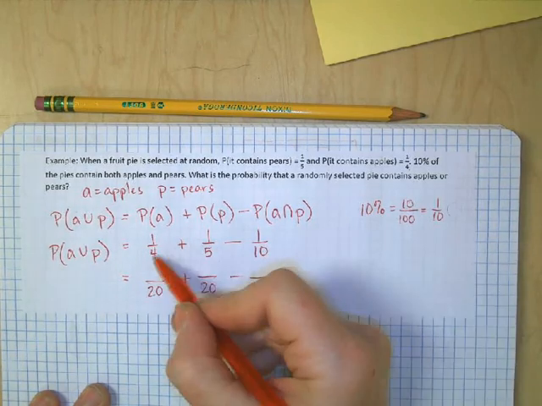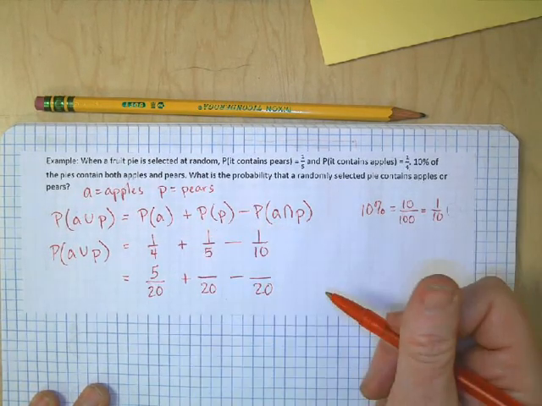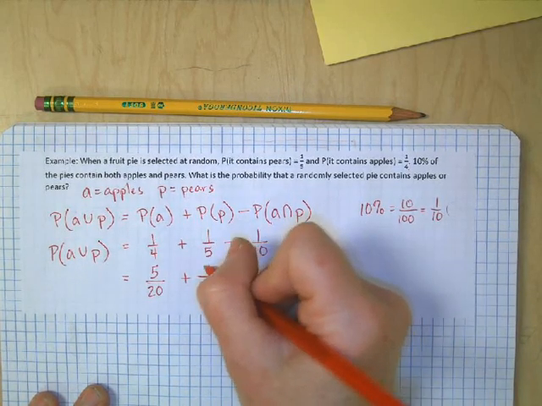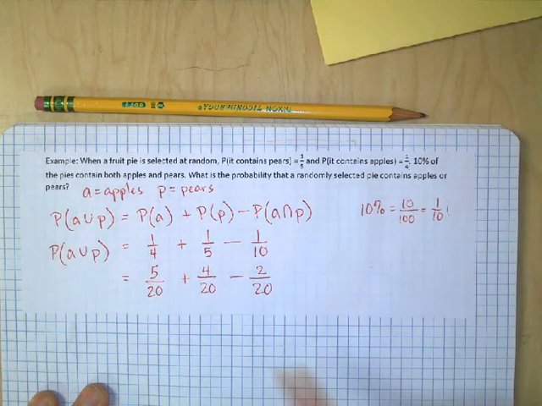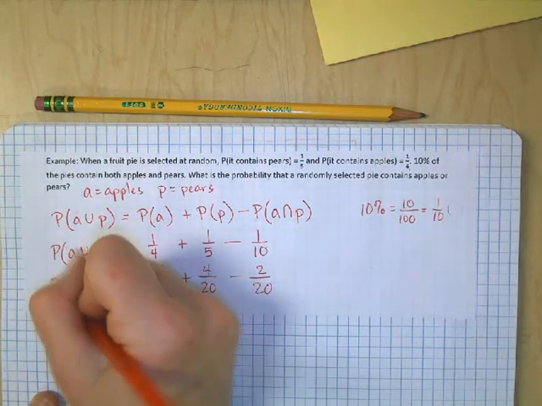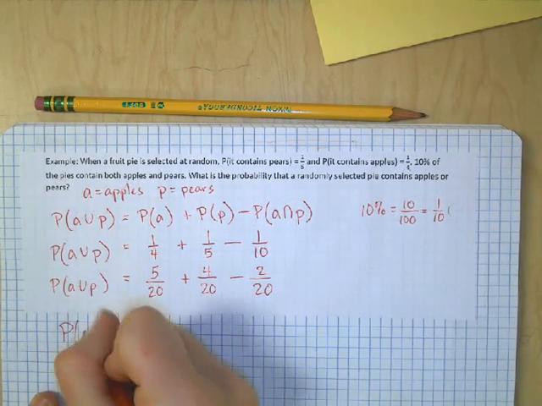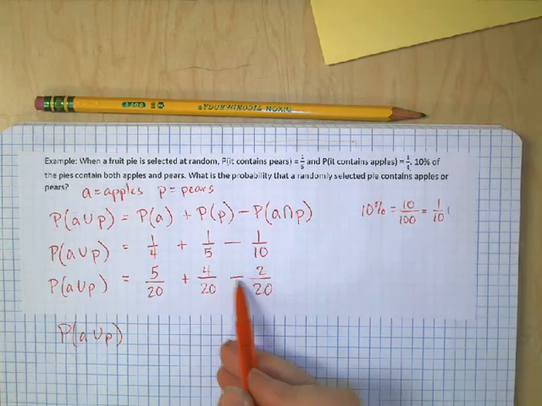So 4 goes into 20 5 times, so 5 times 1 is 5. 5/20ths is 1/4. 5 goes into 20 4 times, 4 times 1 is 4. 10 goes into 20 2 times, 2 times 1 is 2. Okay, so now my probability is going to be 5 plus 4 is 9, minus 2 is 7.